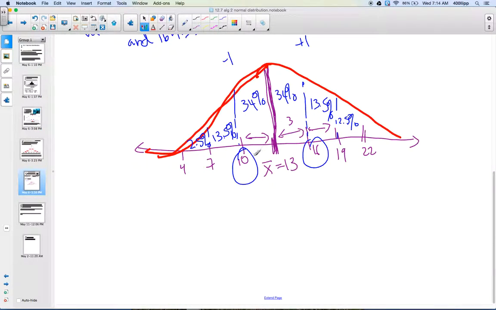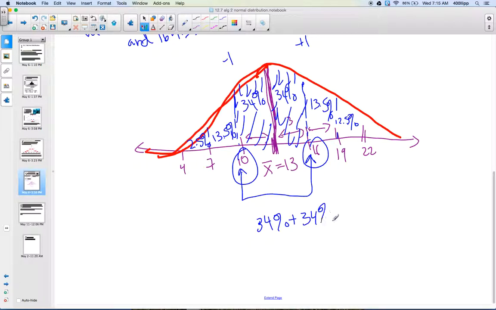Here's 10 to 16 hours, so we add 34% plus 34%, and we get 68% of our data.